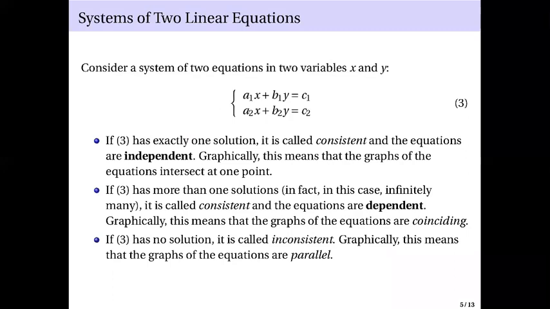If we look at the graph, maybe one of the equations is something like this, say this is your equation 1. The other graph may be something like this. They are parallel, so they will never intersect, assuming that this is a straight line and this is also a straight line.